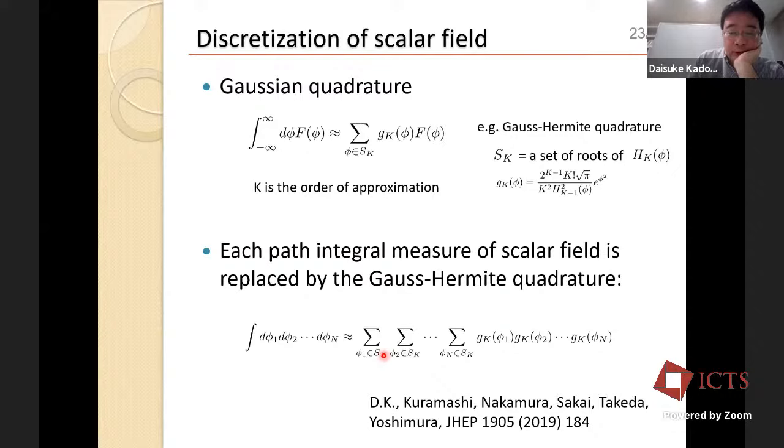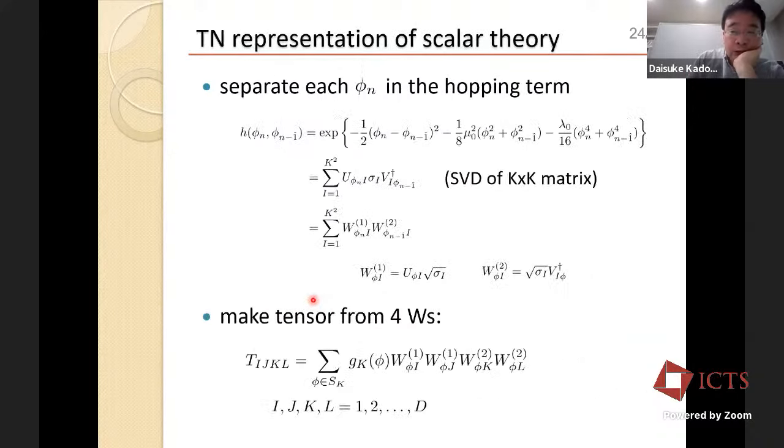So by using this discretization, phi takes k discretized points. So after this discretization, the hopping term of scalar field theory is just a k by k matrix.